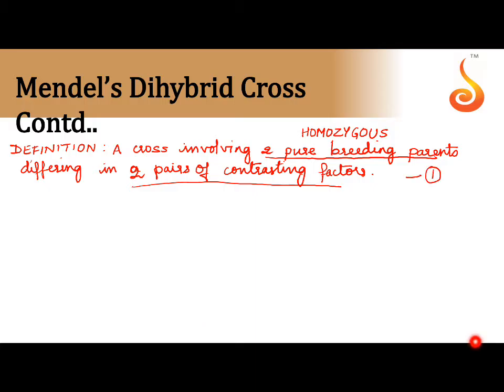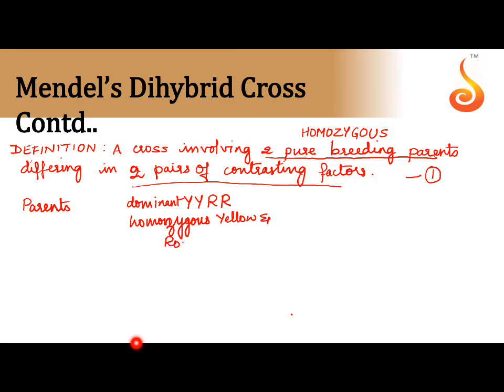So first of all we take parents, where we are taking capital Y, capital R, which is a dominant parent. Immaterial to tell, it is homozygous, and it is yellow and round seed we are going to consider here.